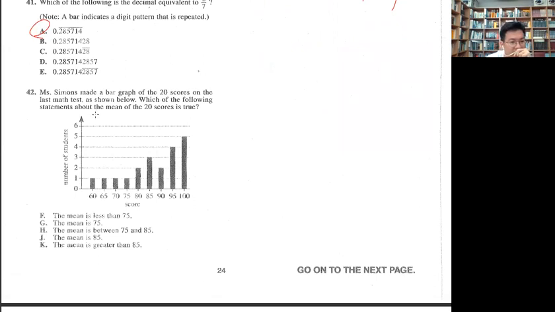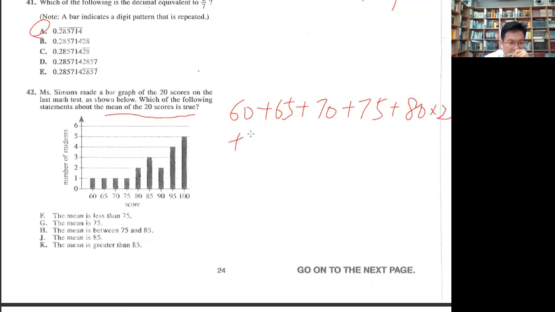Which of the following statement about mean of 20 scores? Mean is adding up and then divide by 20. So 60 plus 65 plus 70 plus 75 plus 80 times 2 because 2 of them, 85 times 3 plus 90 times 2 plus 95 times 4 plus 100 times 5.